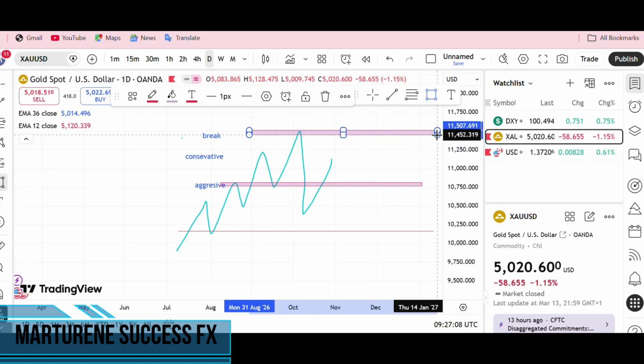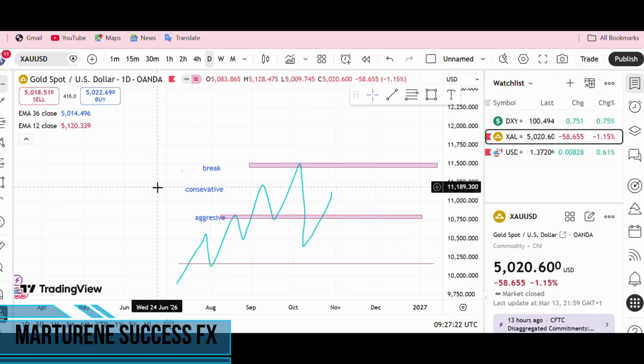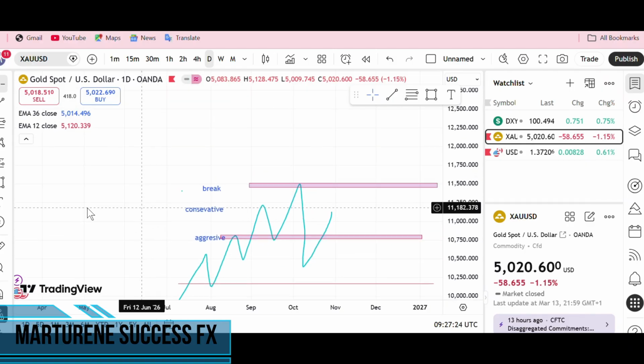Trading the break is to wait for the market to break any support or resistance level, then you take the trade.